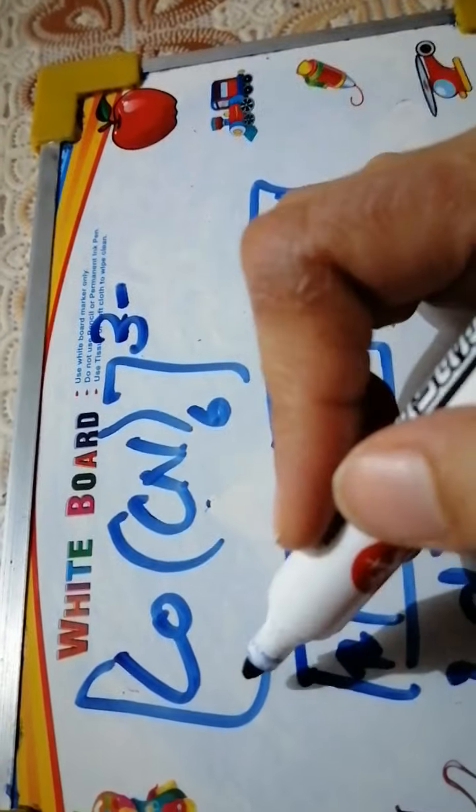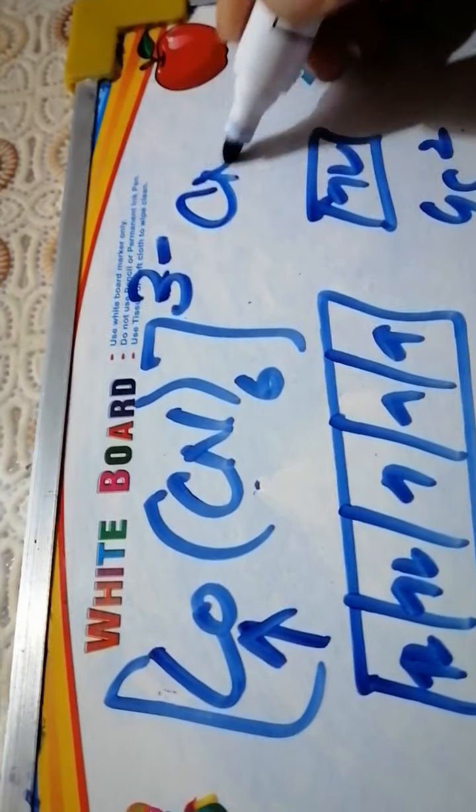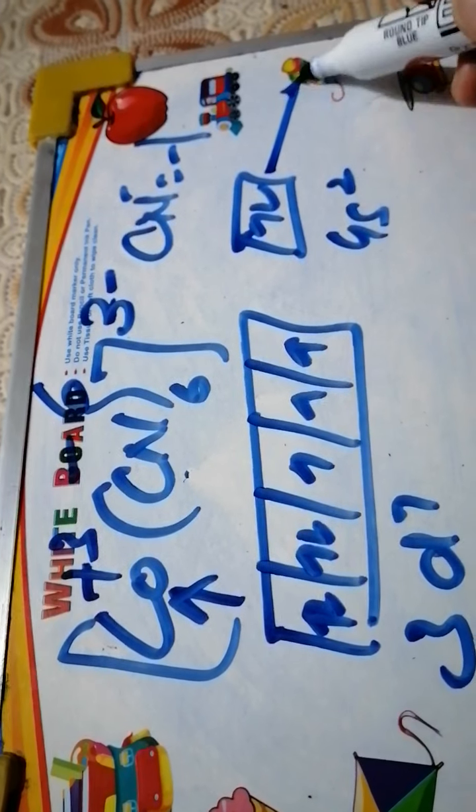Now the oxidation state of cobalt: the complex has an overall -3 charge. Cyano is a negative ligand, so one cyano has -1 charge. Now we have 6, so it becomes -6. So -6 and -3, how do you get -3? It means the metal should have +3 charge. So you need to remove 3 electrons: 2 from 4s2, they are gone, and 1 from 3d7 to 3d6, from the d orbital.